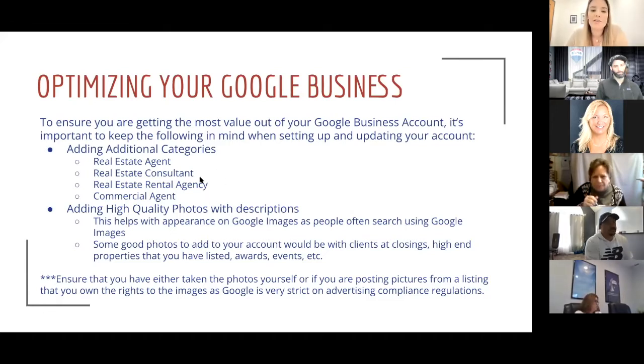And some other ways is just to always ensure that you are within the right category with your Google business account. So that would be real estate agent, real estate consultant. If you do rentals or commercial, you would want to make sure that your categories in there are matching with what you do. A lot of times this can be a key component in coming up when people are just searching for a real estate agent.